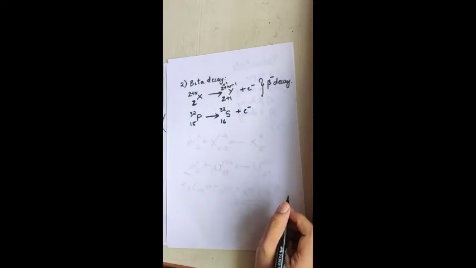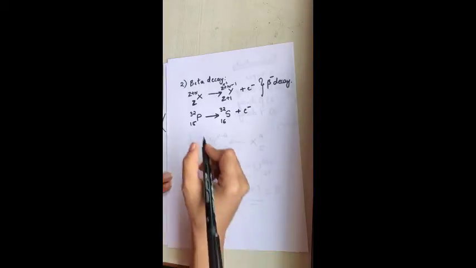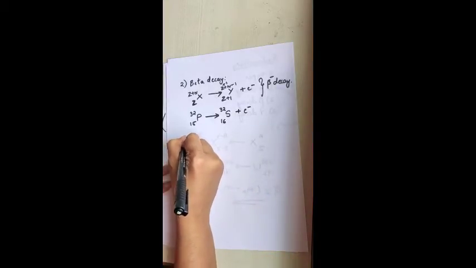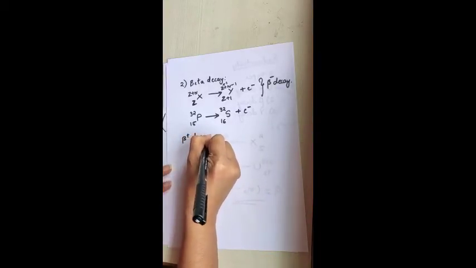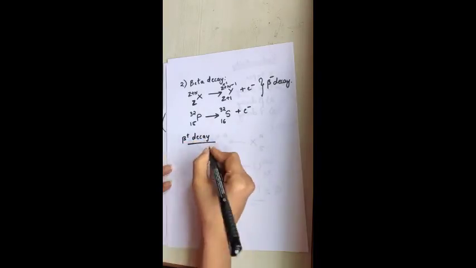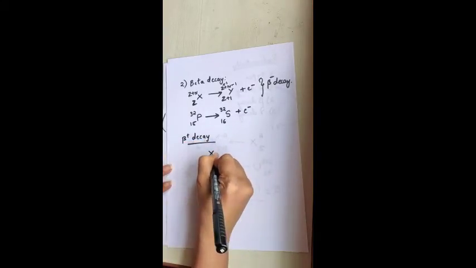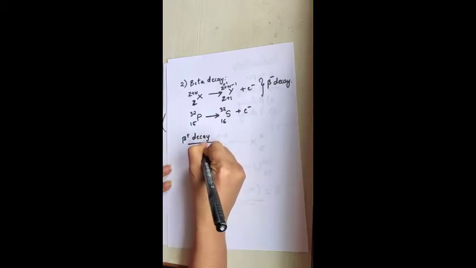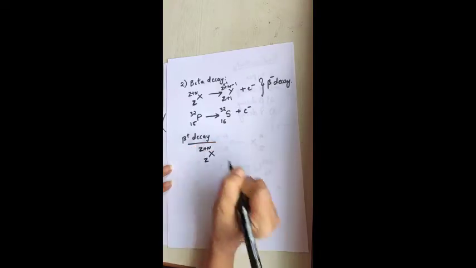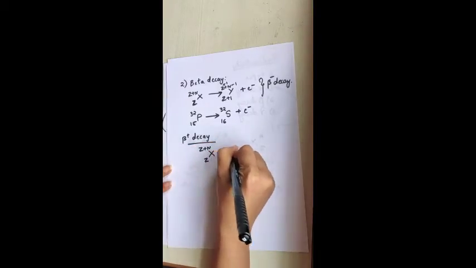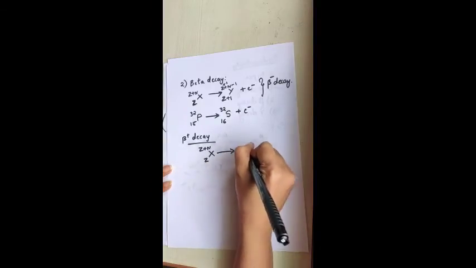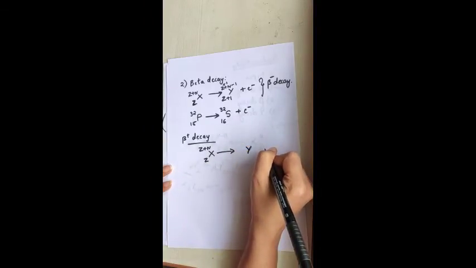What happens in beta plus decay? In beta plus decay, it is the reverse. Here a proton gets converted into a neutron and a positron is released. Suppose I have an element X whose proton number is Z and mass number is Z plus N. When this undergoes beta plus decay, a new element Y is formed.